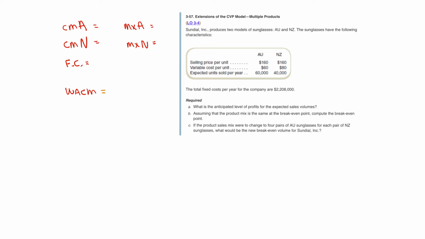And what happens when the sales mix changes so that they sell 4 pairs of AU to 1 pair of NZ? To get started, you would want to calculate the contribution margins for AU, for NZ, the mix for AU, the mix for NZ, and then the fixed cost. So I'm going to leave this blank for the moment, let you work it out. The solution is on the next slide.